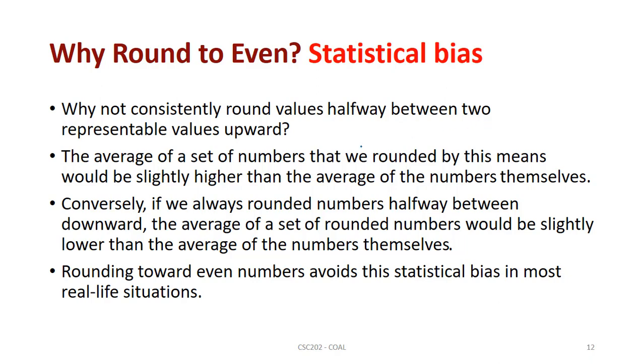If I have, like in the previous example, 1.23, I should scale up to 1.24. Why did I not scale up, especially in the second scenario? The reason is the average of a set of numbers that we rounded this way would be slightly higher than the average of the numbers themselves.